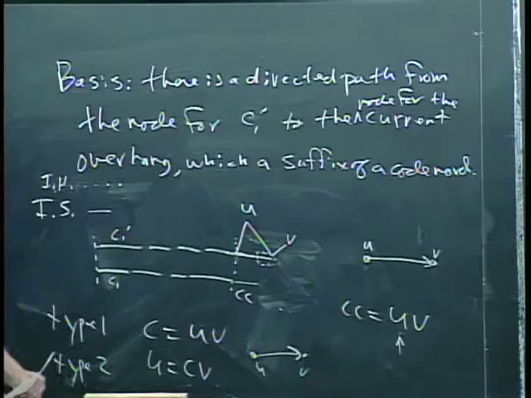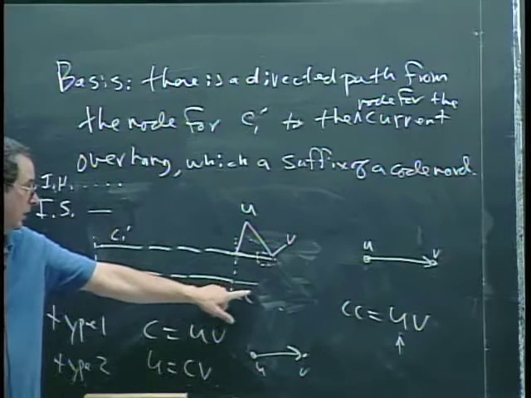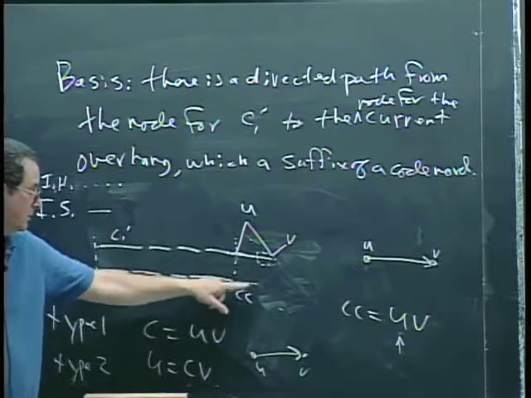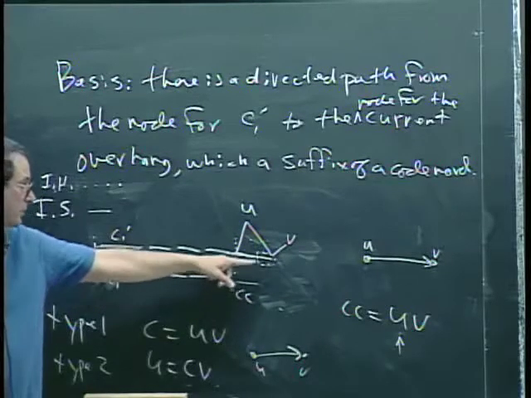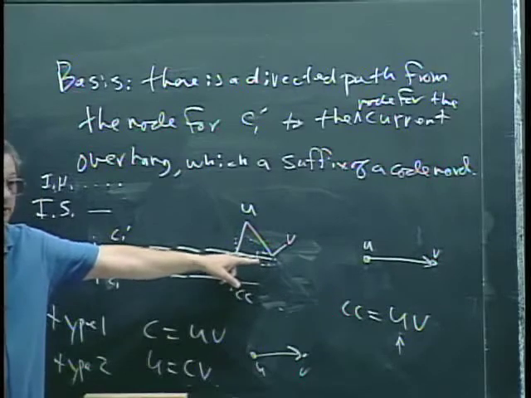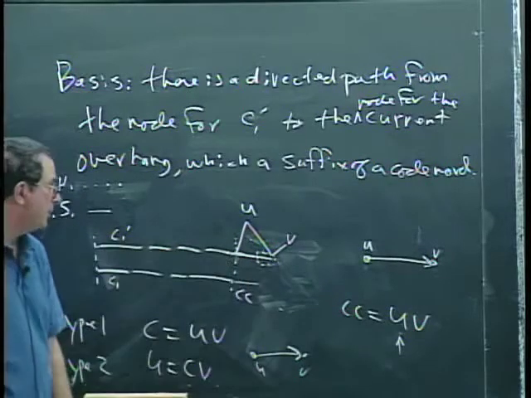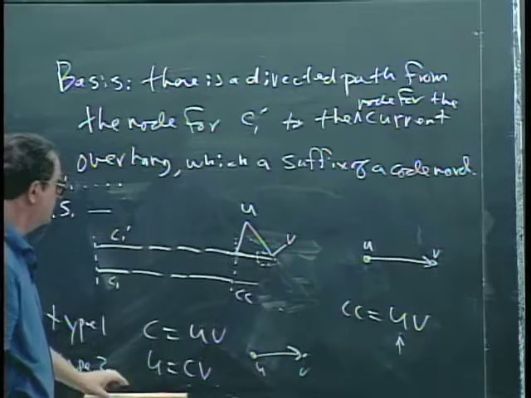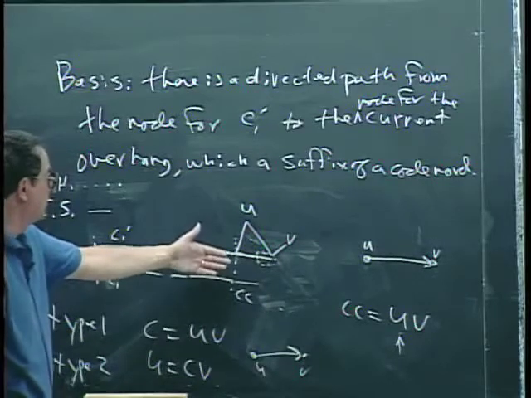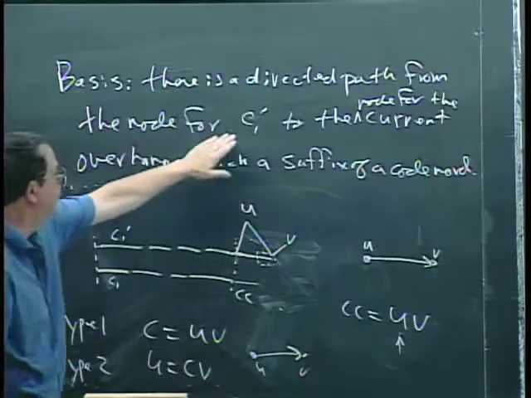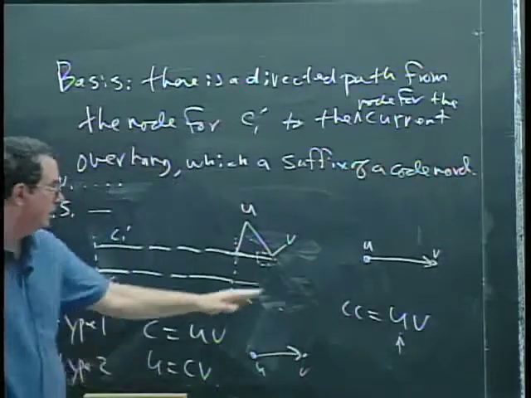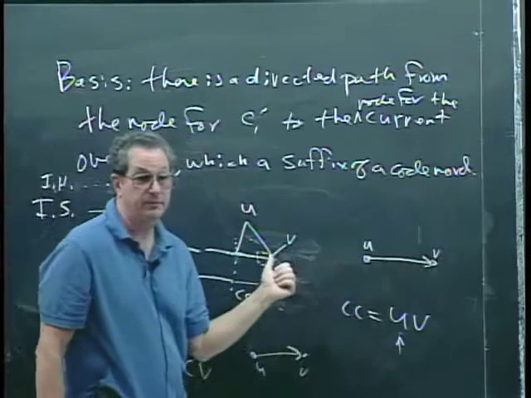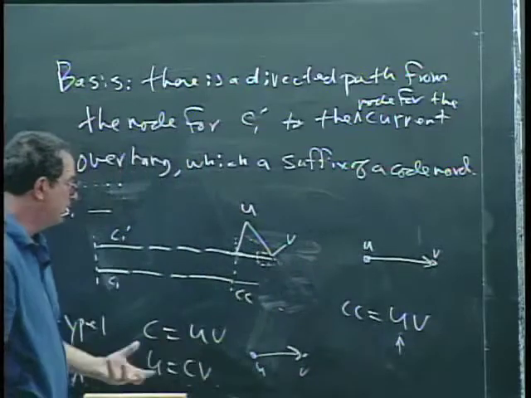So here's the new code word that's being added to the shorter parse, and it creates a new overhang, which is called V. And now, inductively, we had a path from the node for C1 prime to U, and now we want to see that that path can be extended to this V. Under what kind of a rule?